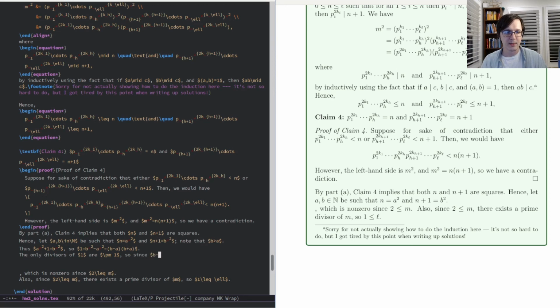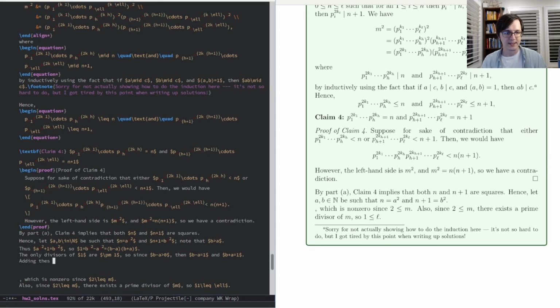So since b minus a is greater than 0, then b minus a equals 1 and b plus a equals 1.